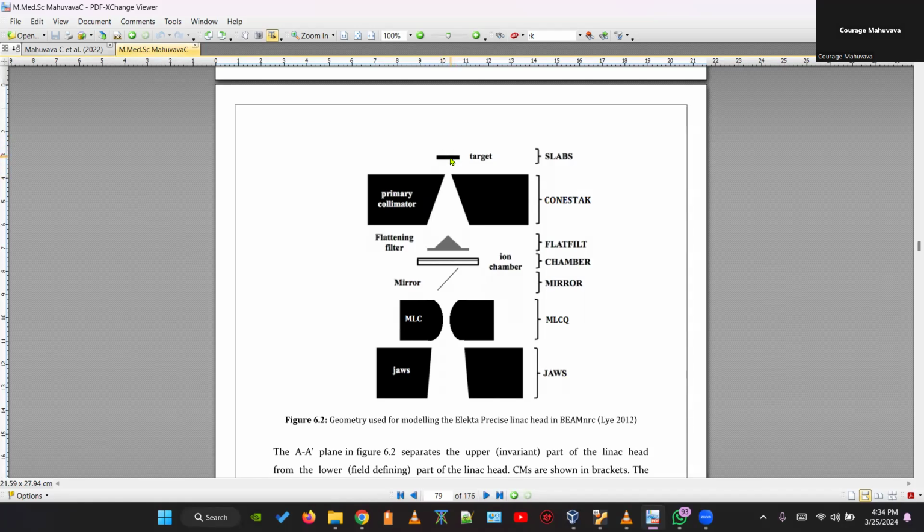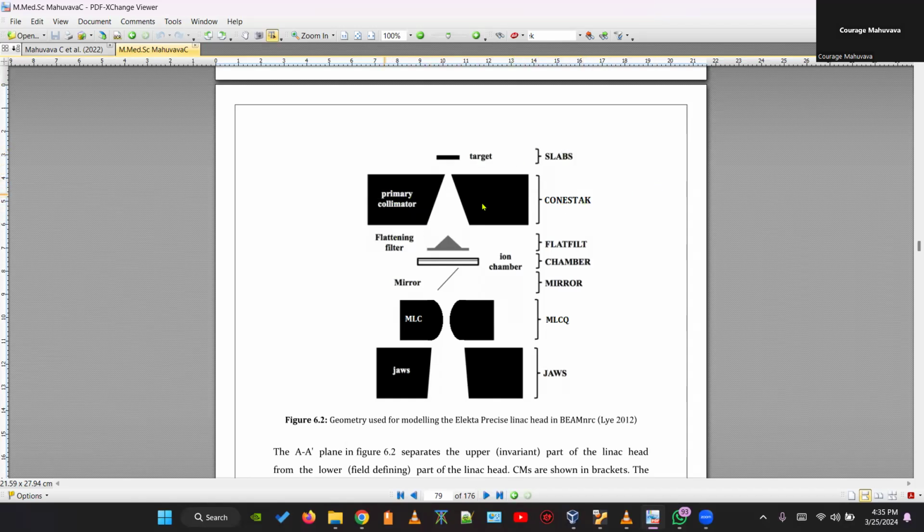Then X-rays are produced via bremsstrahlung and also a bit of characteristic radiation. So you have a target, right? And to model the target, which is simply a block of material, usually tungsten, you use the SLABS component module. It's like a subroutine that is customized for a particular geometry or shape. So SLABS is good for modeling the target.